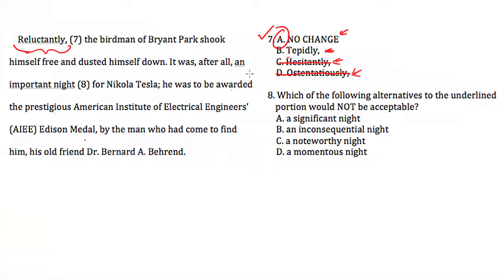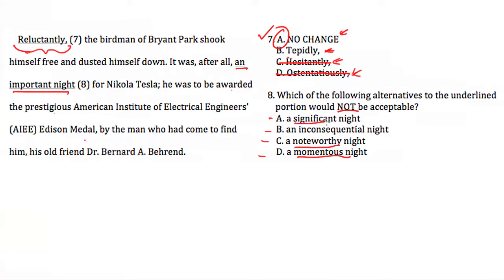In the very next sentence, we're asked about an important night. But question 8 asks us which of the following alternatives to the underlined portion would not be acceptable. A significant night, an inconsequential night, a noteworthy night, or a momentous night. Momentous means important. Noteworthy means we're going to remember it.